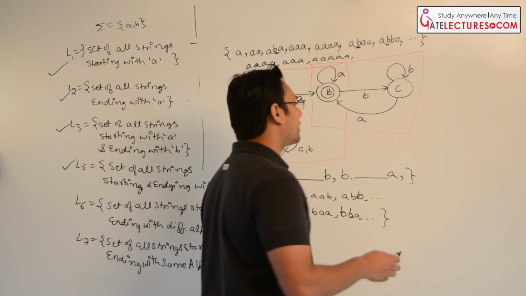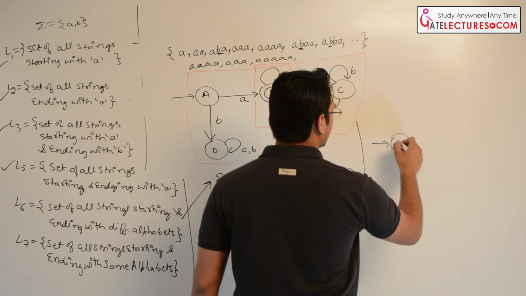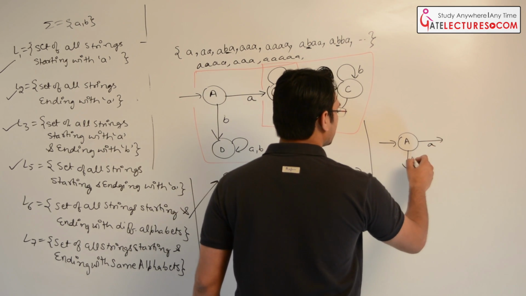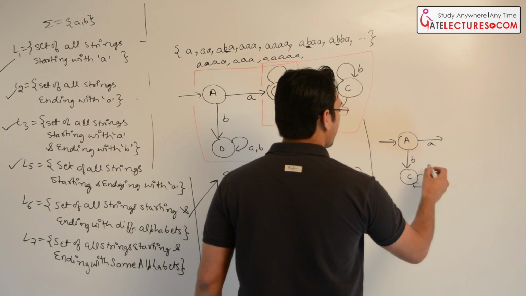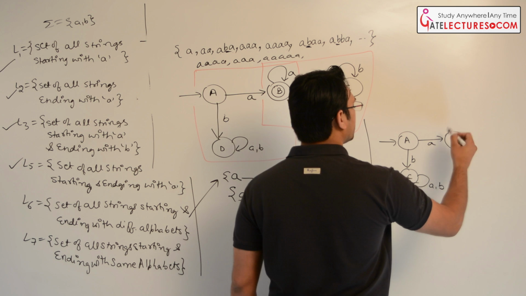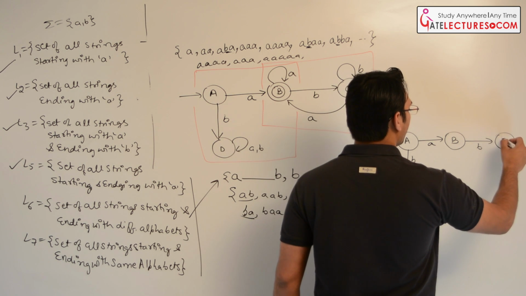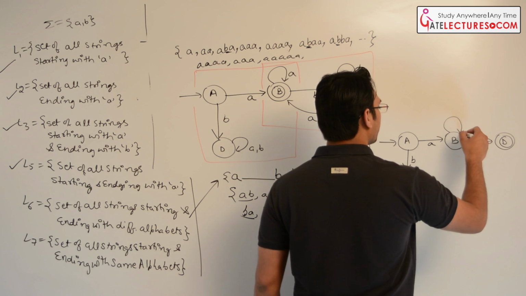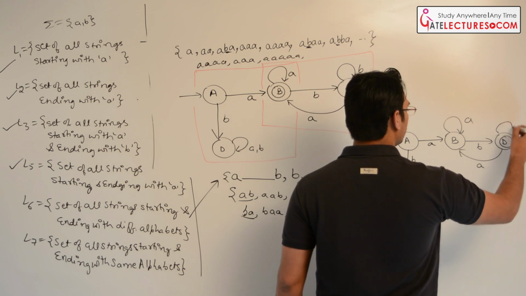So what is the diagram for starting with A and ending with B? Starting with A is initial state, single starting with A, okay, and ending with B, right?